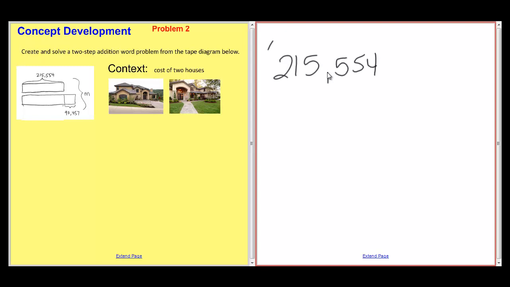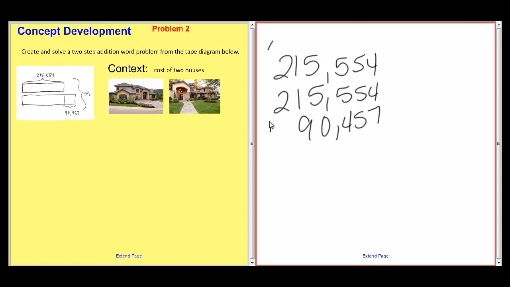And when I look over here at my tape diagram, there's two of those. So I'm going to go ahead and add another 215,554. And I'm also going to add 90,457. So I could have made this two separate addition problems, but I'm just going to add it all together because I'm pretty good at addition.